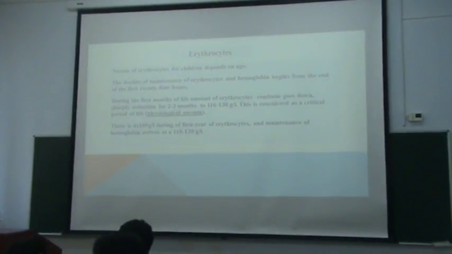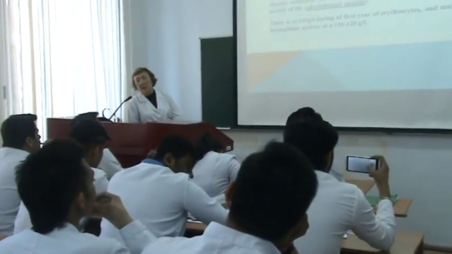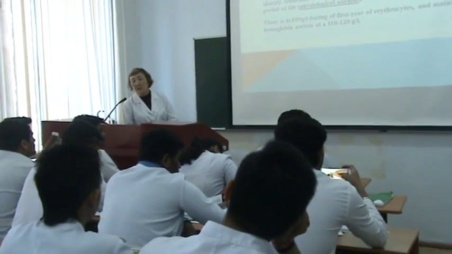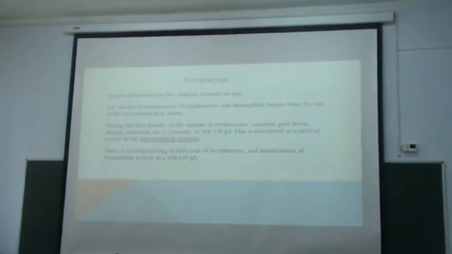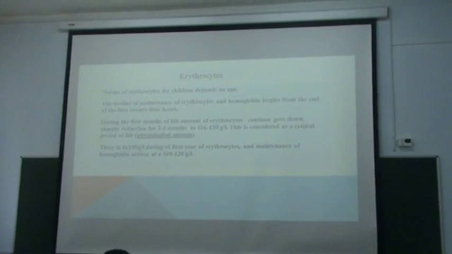What about erythrocytes? The normal value of erythrocytes for children depends on age. The decline of erythrocytes and hemoglobin begins from the end of the first 24 hours.